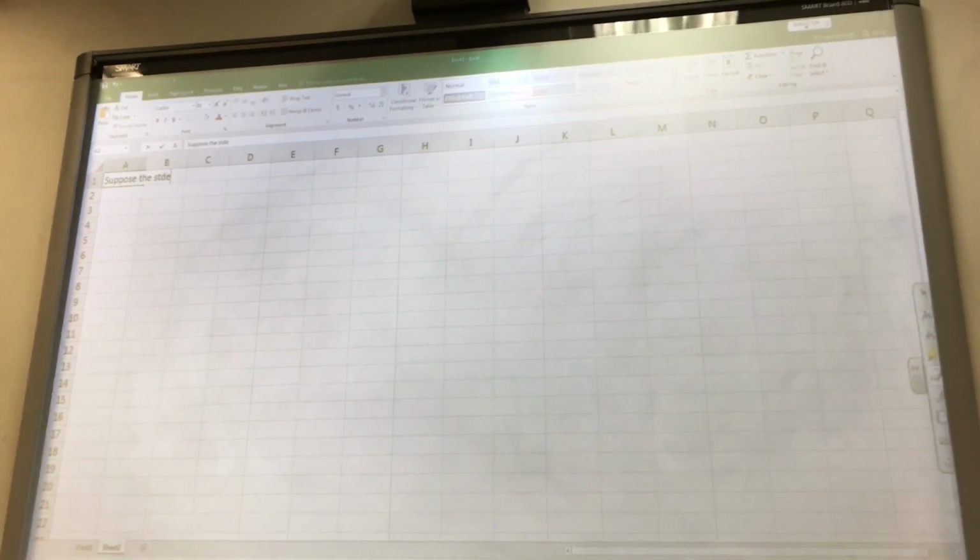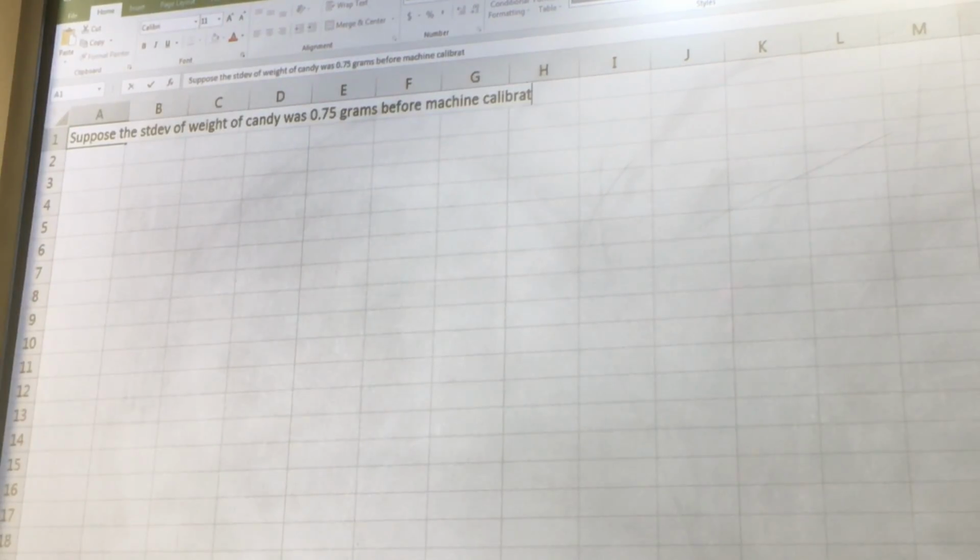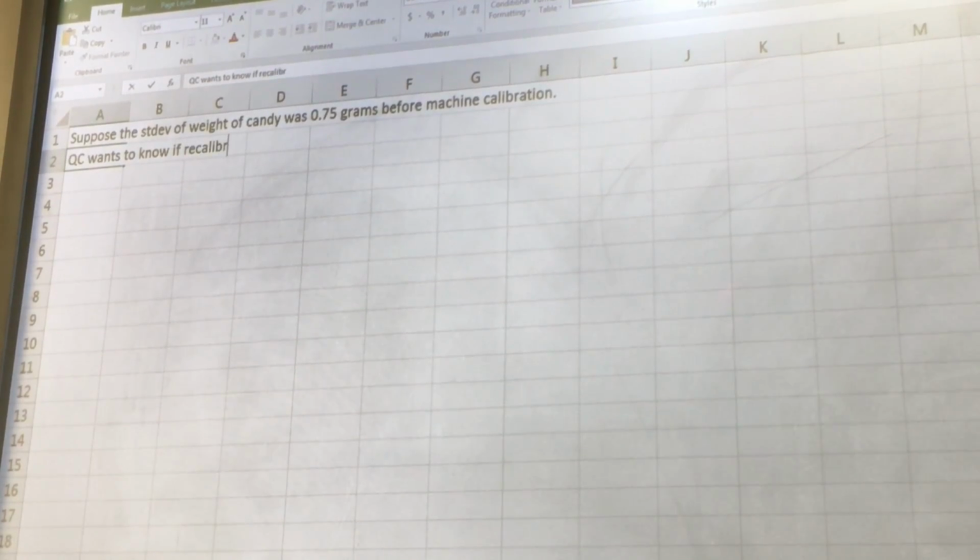Okay, suppose the standard deviation of weight of candy was 0.75 grams for machine calibration. QC wants to know if calibration results in more consistent weights.